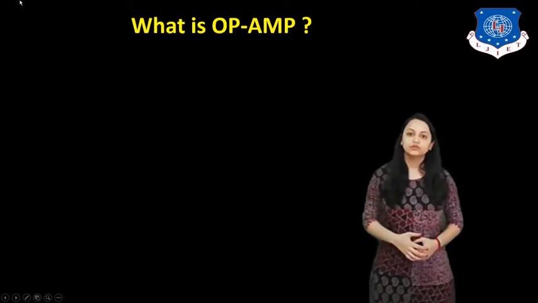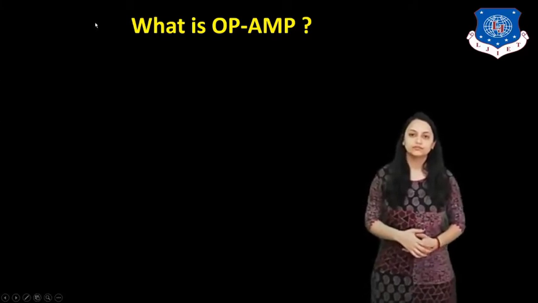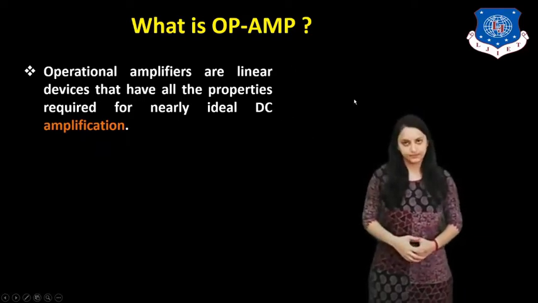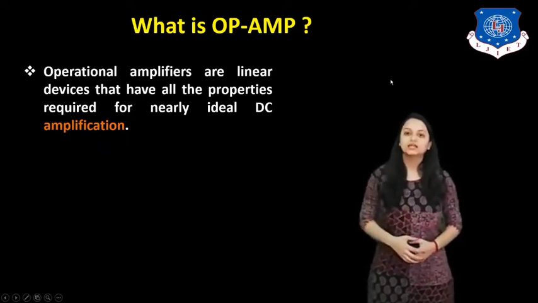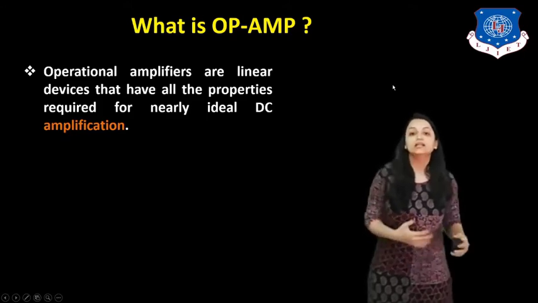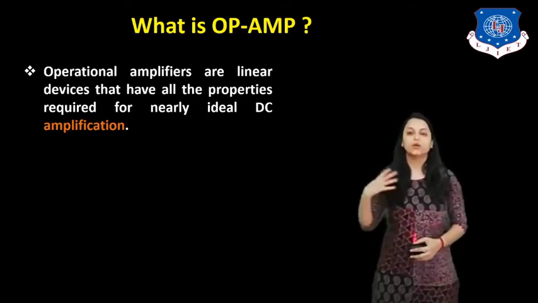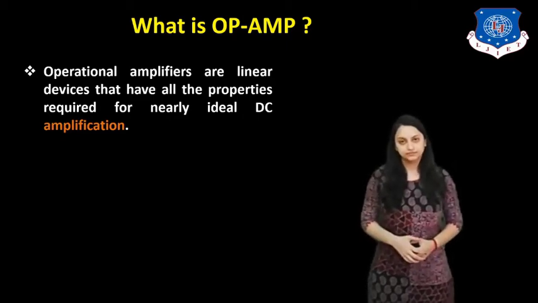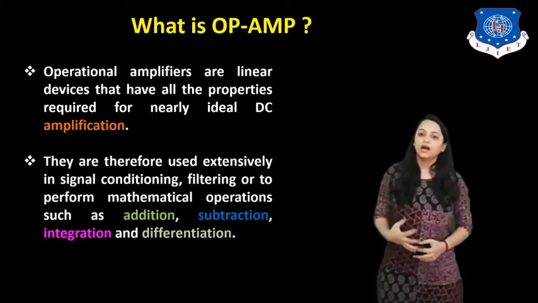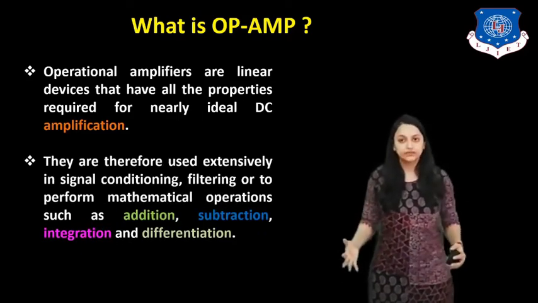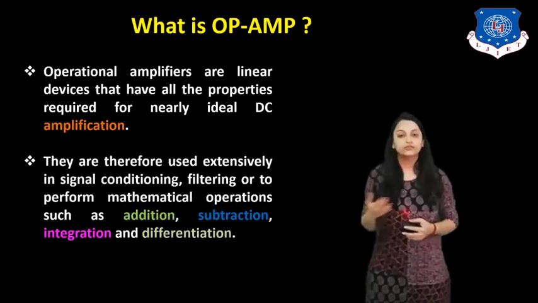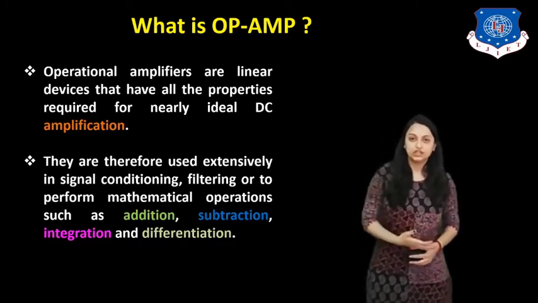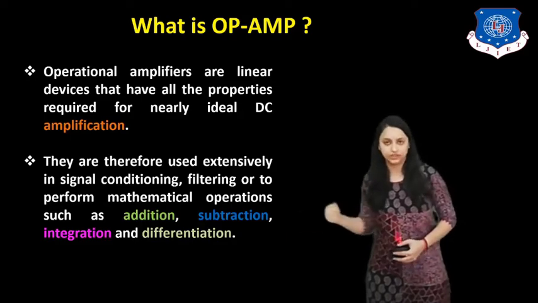Operational amplifiers are linear devices that have all the properties required for nearly ideal DC amplification. That means whatever the DC amplification is required, that satisfies the Op-Amps. They are therefore used extensively in signal conditioning, filtering, or to perform mathematical operations such as addition, subtraction, integration and differentiation.